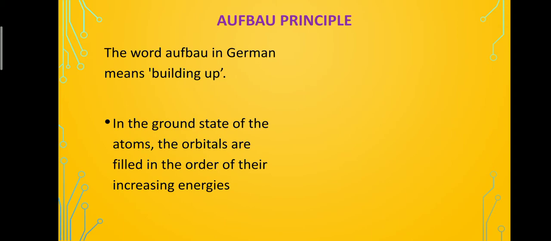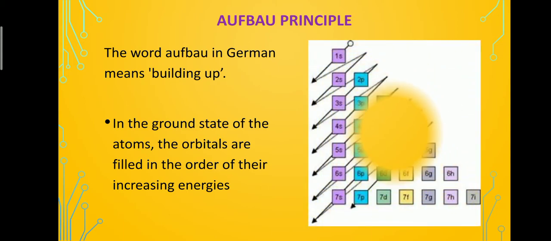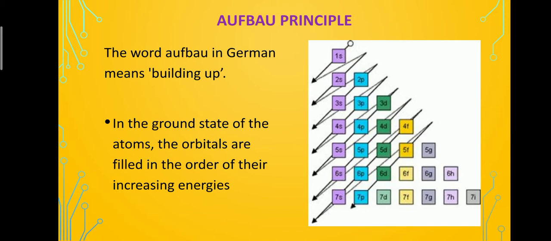It states that in the ground state of an atom, the orbitals are filled in the order of their increasing energy. What I mean by ground state is the state with the lowest energy; we call that the ground state. Okay, and this is the way to fill the electrons according to the Aufbau principle. The least energy orbital is 1s, so we have to start from 1s.